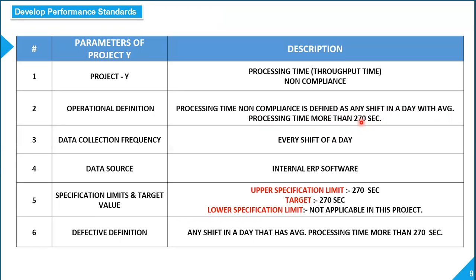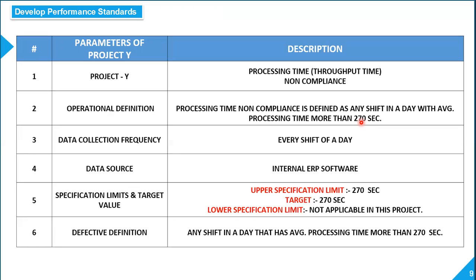So what is average processing time? The total time available in a given shift is 480 minutes, right? Then we convert it into seconds: 480 times 60 gives us the total number of seconds, that is 28,800, if I'm not wrong. Please correct me if I'm wrong. So 28,800 seconds divided by the total number of units produced in a given shift.